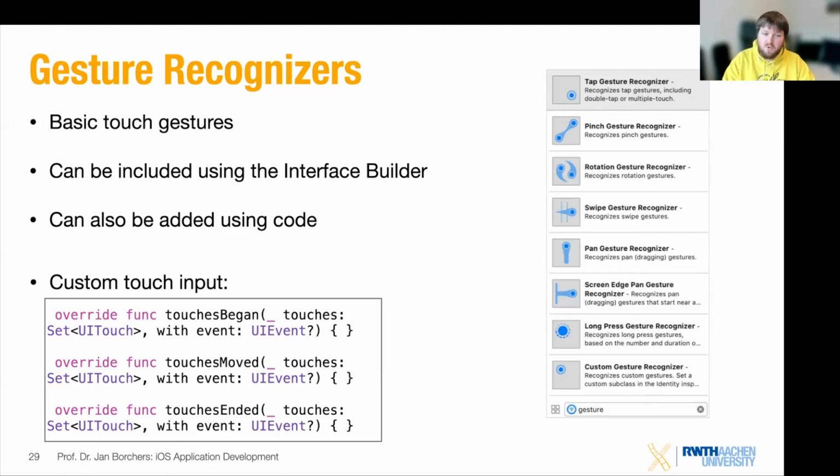With touchesMoved, you get the location where a specific touch moved to and get updates that way. And touchesEnded if that touch lifted up again. You can use that to filter and apply your own processes and detect your own gestures and implement them that way.